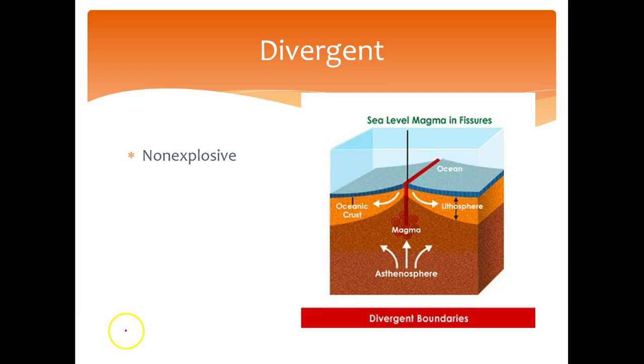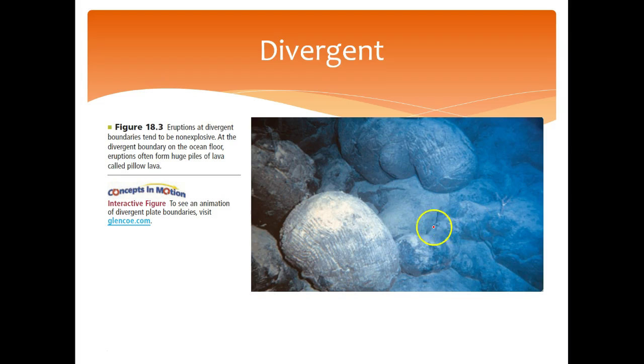Then, at divergent boundaries, we also have volcanism, but this is non-explosive. Here we have two plates spreading apart. This should look very familiar, mid-ocean ridge. We have the plates spreading apart. At divergent boundaries, you're going to get what we call pillow basalts.